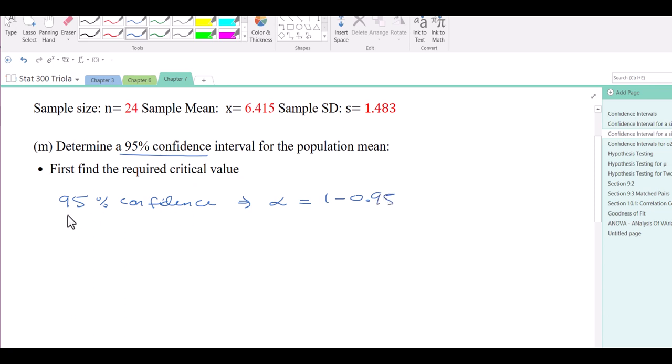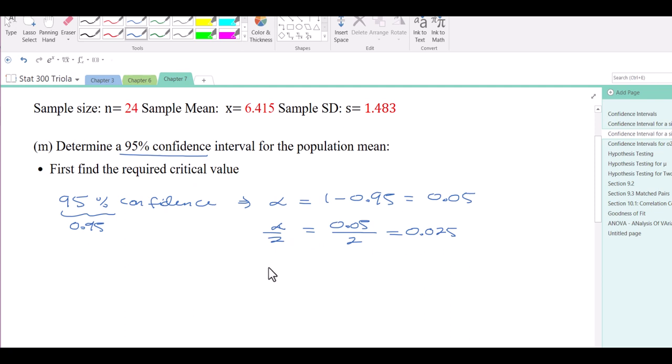How did I get 0.95? 95% is 0.95 as a decimal. So that means alpha is 0.05. Now we want alpha over 2, which is 0.05 divided by 2, or 0.025. So then this is our alpha over 2.